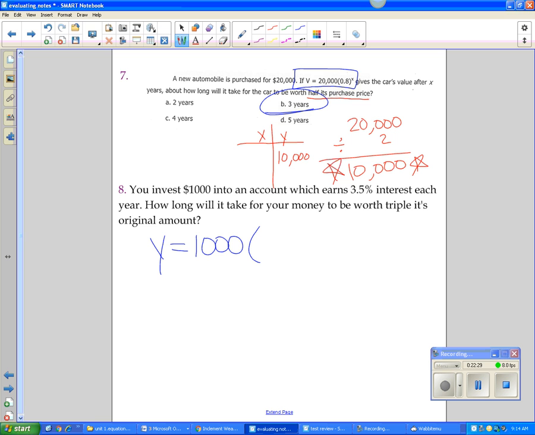Always got to put a 1. And then you have to decide if it's plus or minus. Plus. And how many times do I move this? So it becomes what? Very good. Okay, to the X.